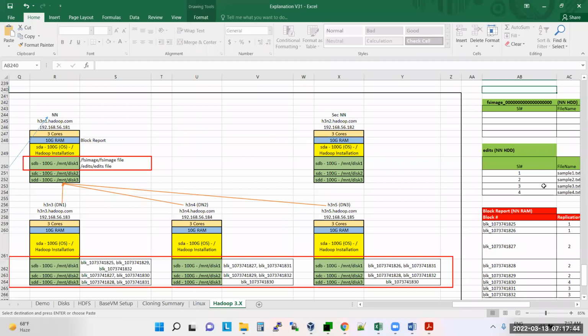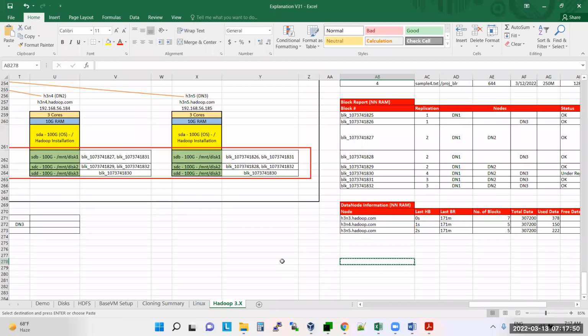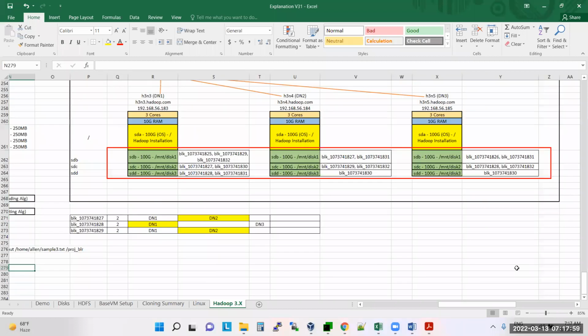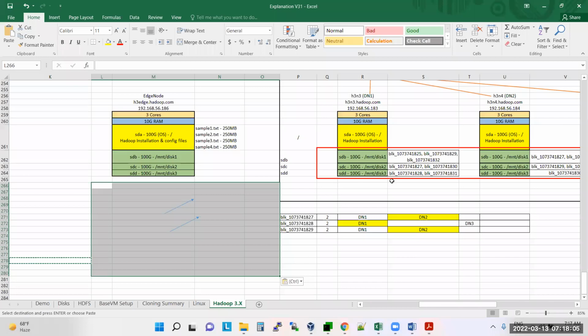Otherwise let it be there, not a problem. This is the block number and all, I'll remove these things also. So this is my edge node.